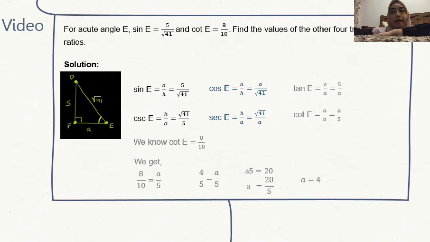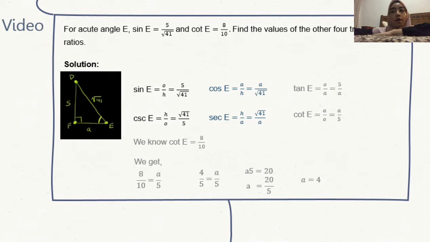Cosec A equals H per O, so root 41 per 5. Next, sec A is H per A equals root 41 per A.